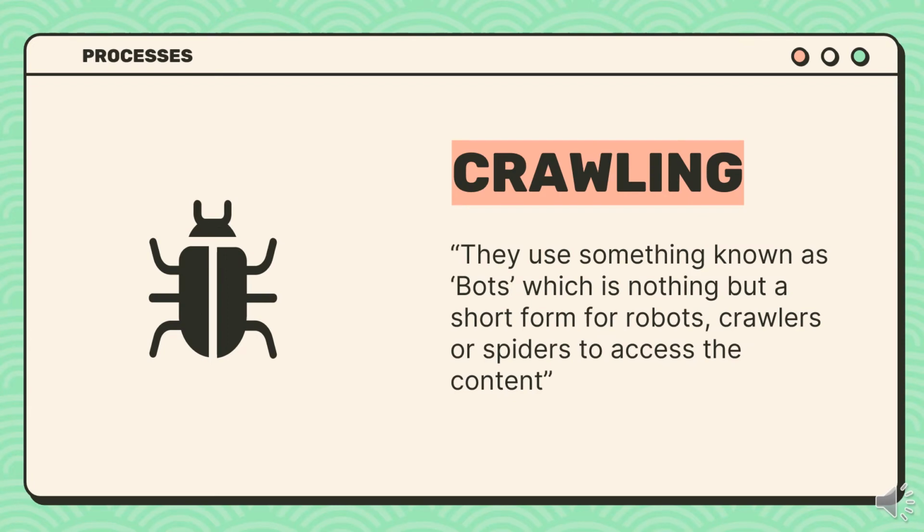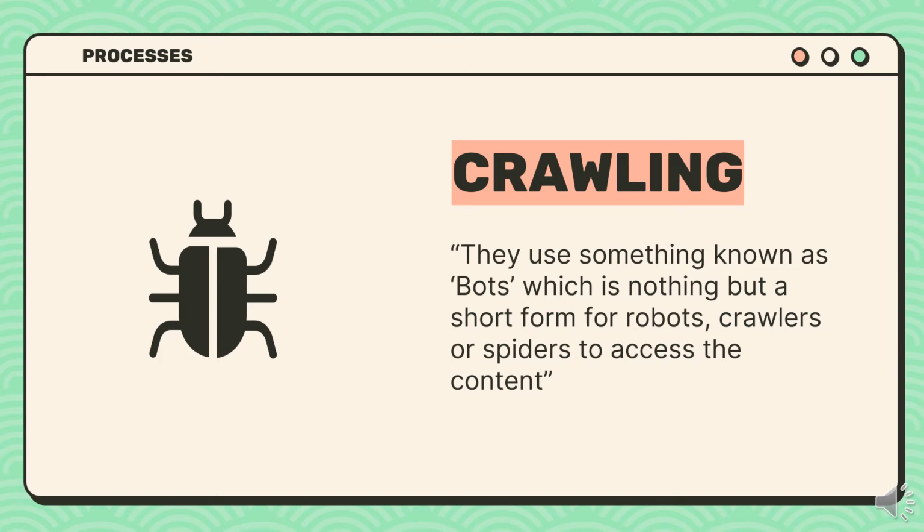Let's start with crawling. Now, search engines crawl through the internet to discover content and web pages. Now, these are with respect to text, with respect to images, or with respect to videos. But how exactly do they do this? Now, they use something commonly referred to as bots.